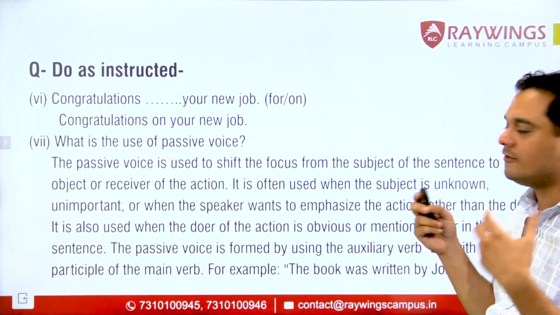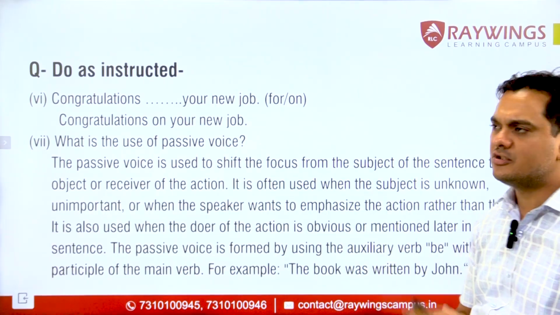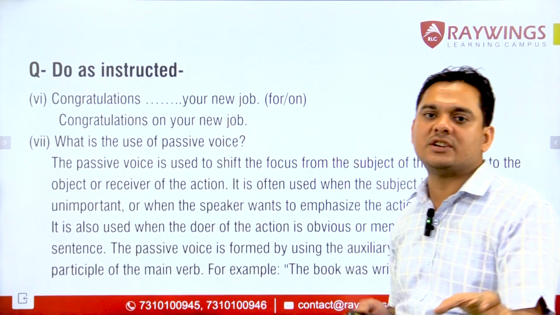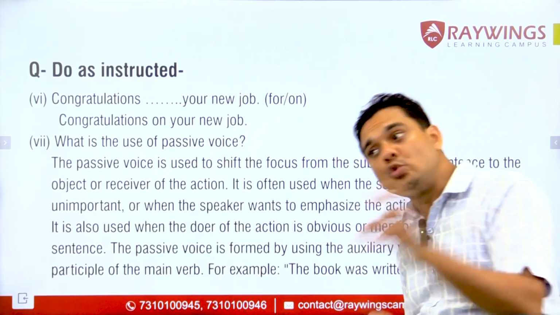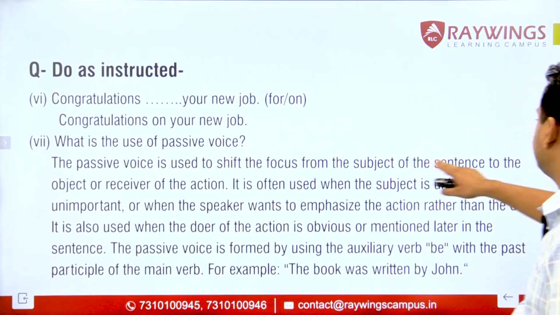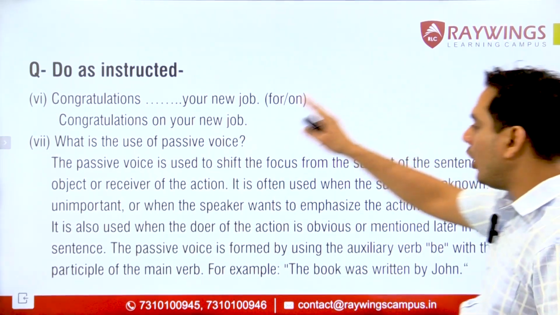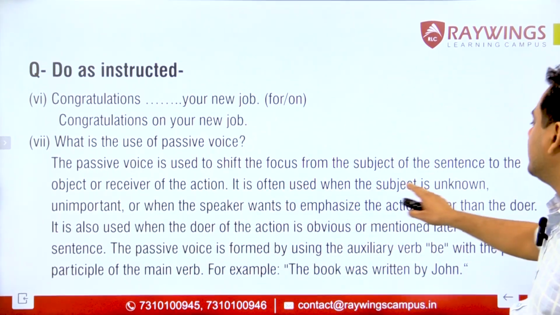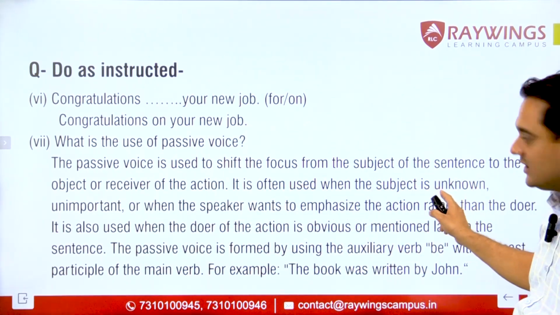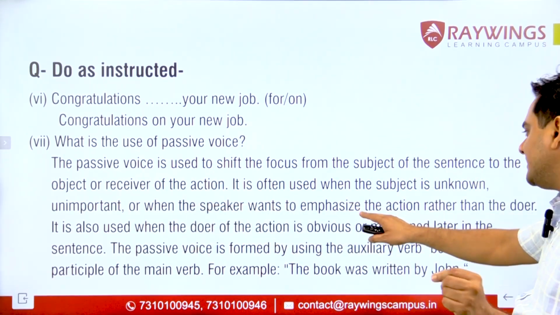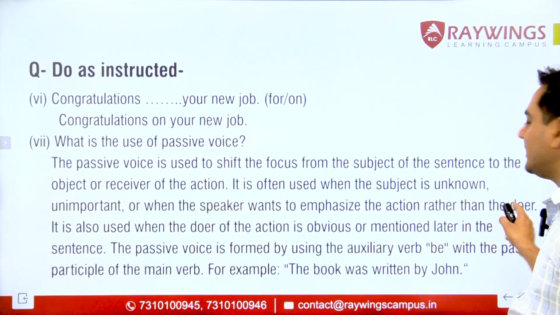Now what is the use of passive voice? What is passive voice? So basically passive voice is used to shift the focus from the subject to the object in a sentence. As it says, it is used to shift the focus from the subject of the sentence to the object or the receiver of the action. And why? It is often used when the subject is unknown, unimportant, or when the speaker wants to emphasize the action rather than the doer.